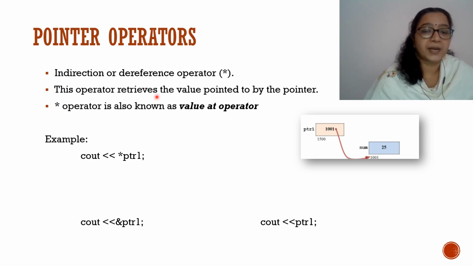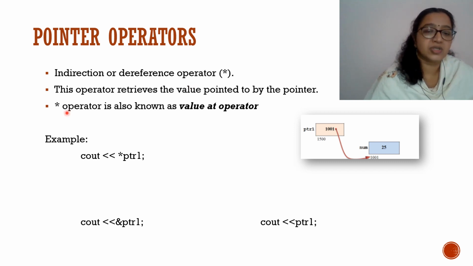This operator retrieves the value pointed to by the pointer. So the star sign will retrieve the value pointed to by the pointer. Understood? Pointed to by the pointer means which cell is pointed to by the pointer, that value we will get through the star sign.